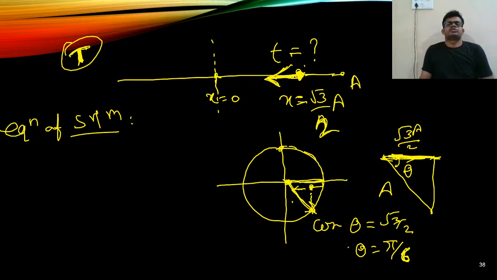You got the value of theta as pi by 6. And theta is from here to here. So the total angle covered from here to here is pi by 2 plus pi by 6.